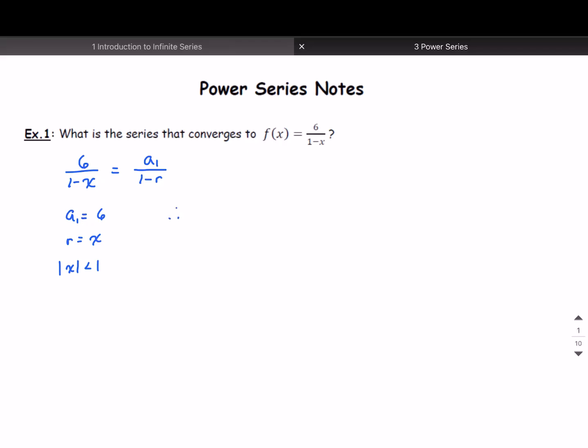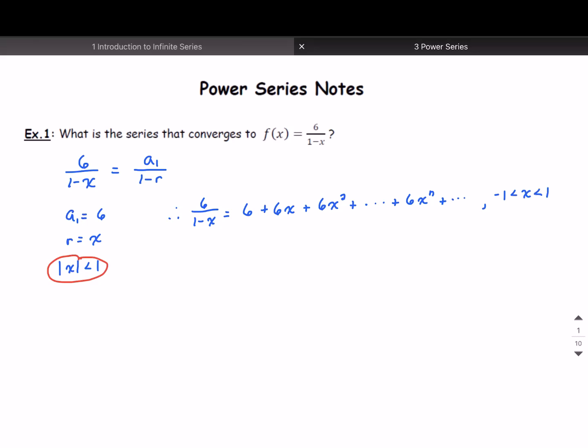So if that's the case, then this function would be our first term 6, plus 6 times x, plus, now we're going to multiply by an x again, plus dot, dot, dot, and every time we're multiplying by x, so that would be 6x to the n, and so on, as long as, and here's the catch, the absolute value of x has to be less than 1, so x is trapped between -1 and 1.